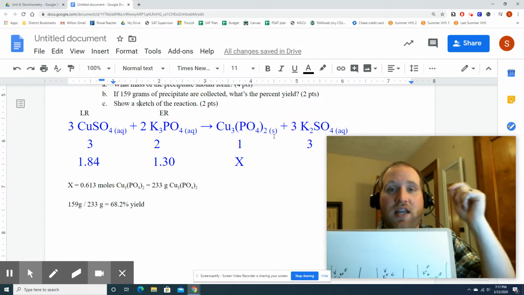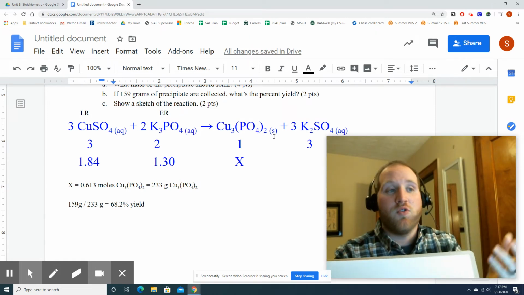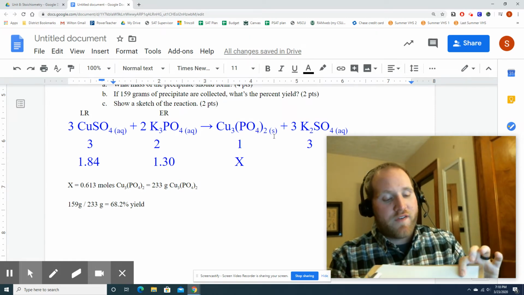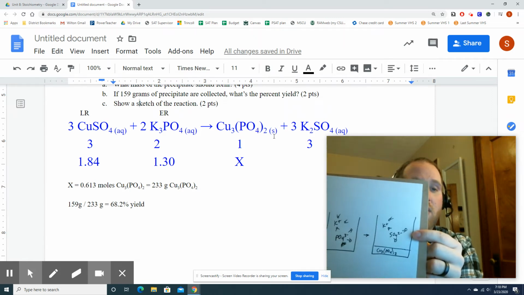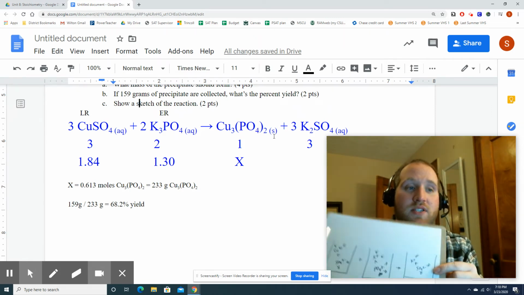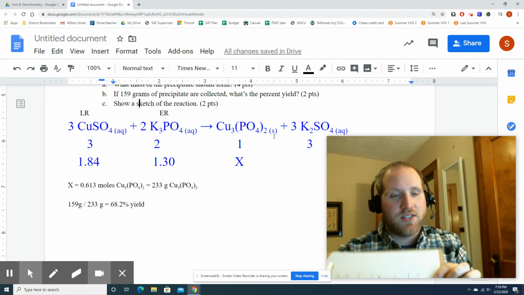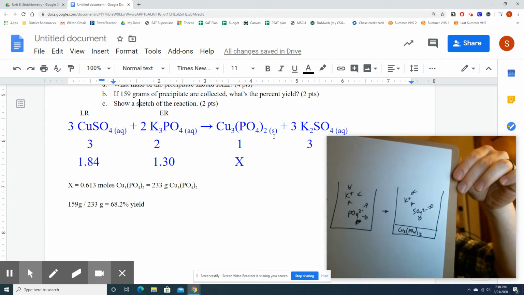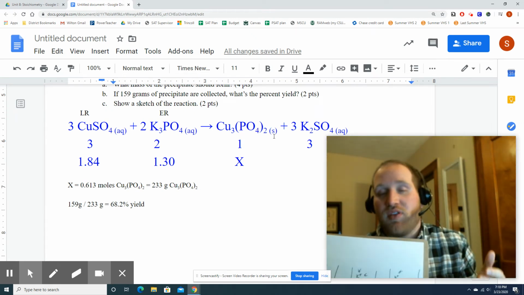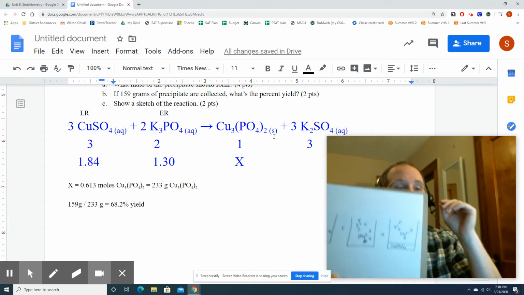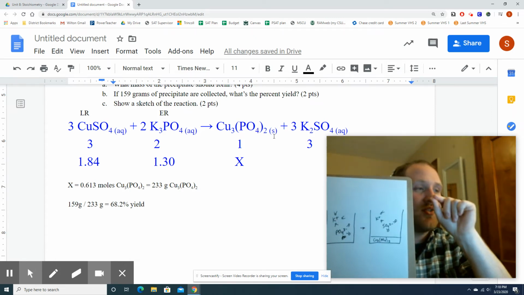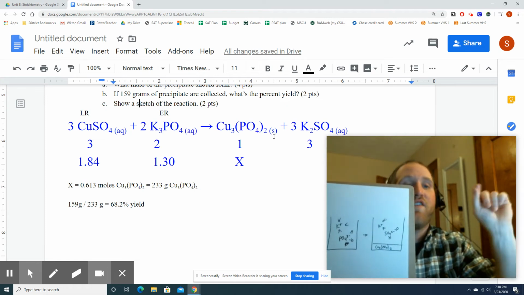So K+ and PO4 3- are left over. So in our final beaker, you're always going to have one of them present because it's part of your aqueous product. Notice we had potassium sulfate, so that's why we already have K+ there. You don't need to add more K+, you can if you want, but you do need to add the other aqueous ion, in this case, phosphate.